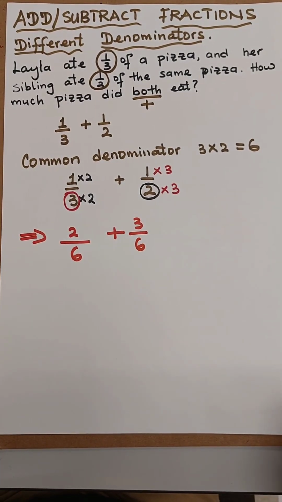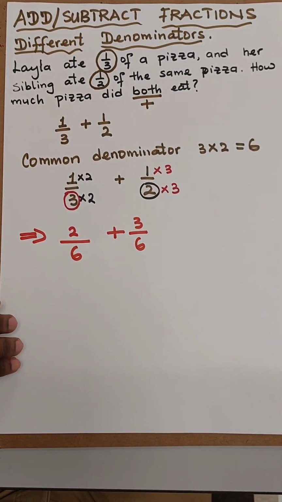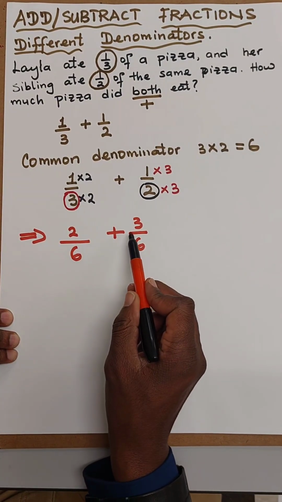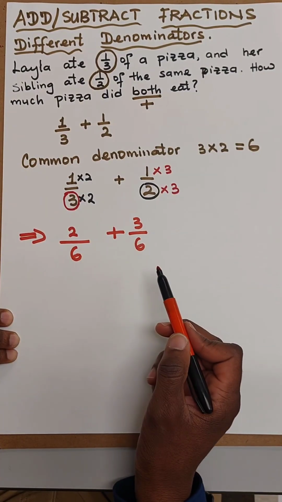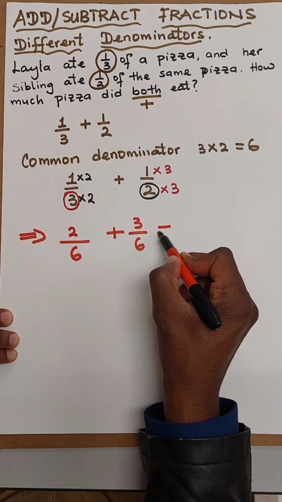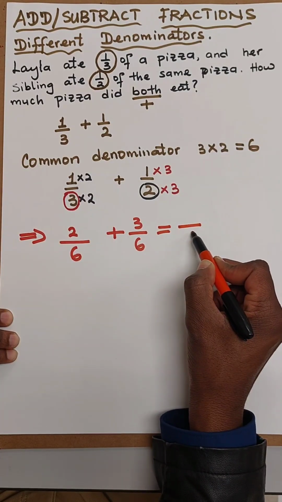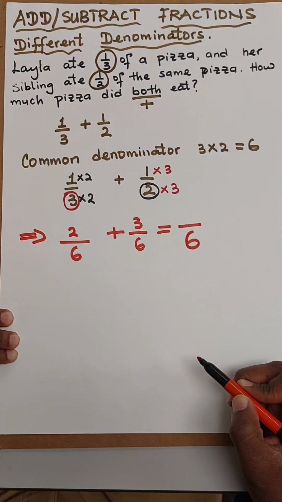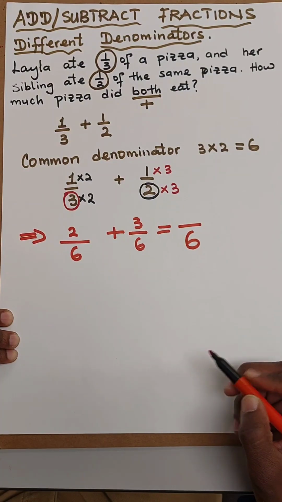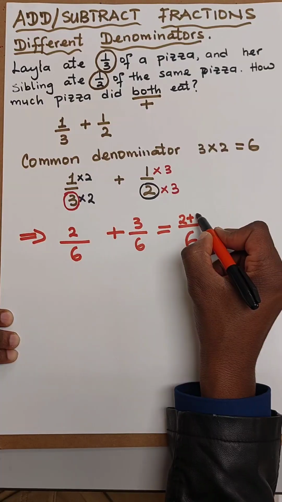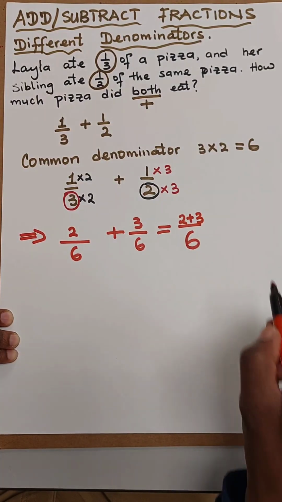Okay, so far it's looking good. Now we know that Layla actually ate 2 out of 6 and her sibling ate 3 out of the 6 pieces. Now let's find out, it is the same pizza. It has a common denominator of 6 pieces of the pizza, and so Layla ate 2 plus the sibling ate 3 pieces.